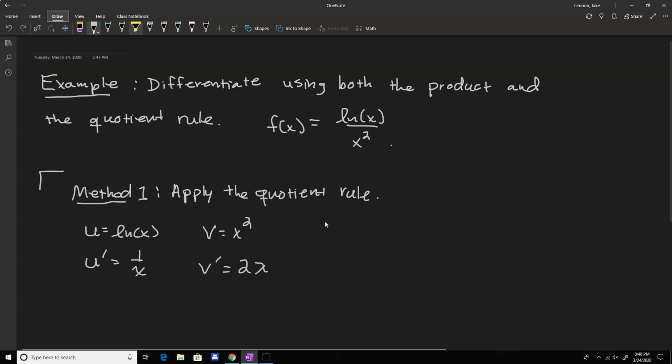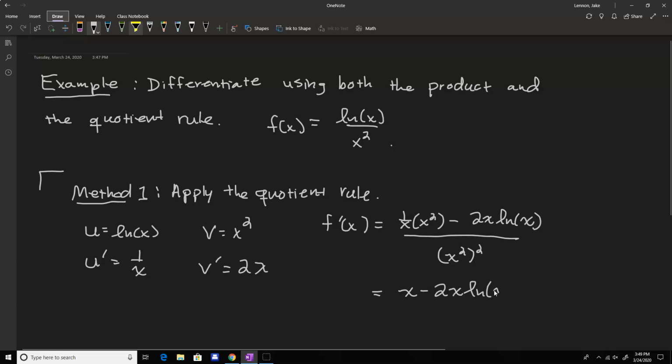So then over here I can write my f prime of x as u prime v, so 1 over x times x squared, minus u v prime, so that's 2x natural log of x, with everybody being divided by v squared, so x squared quantity squared. So the top, 1 over x times x squared is just x, so we get x minus 2x natural log of x over x to the 4th.